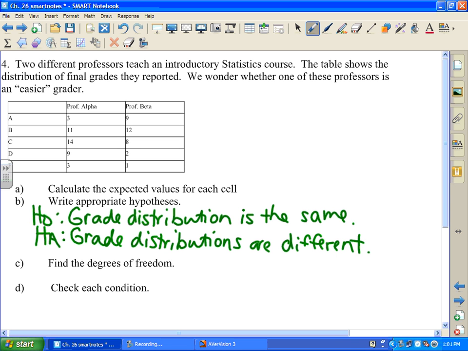Is that the same thing as saying that one of them's an easier grader? Kind of. Yeah. If the grade distributions are different, one of them has a bigger percentage of A's and B's than the other one.